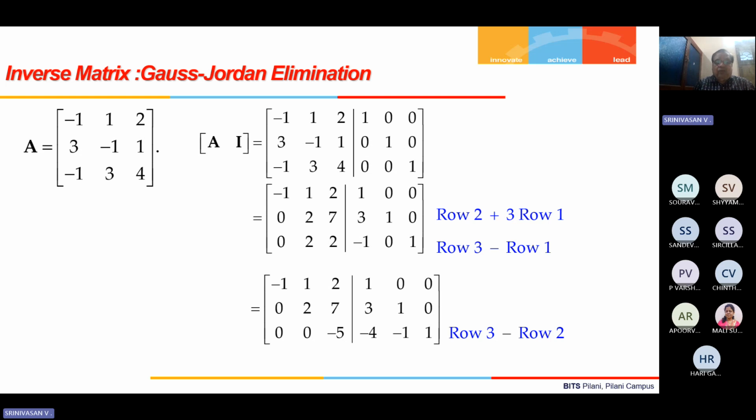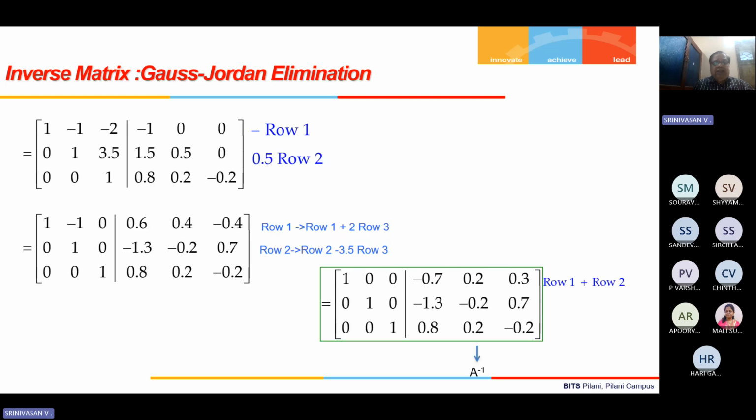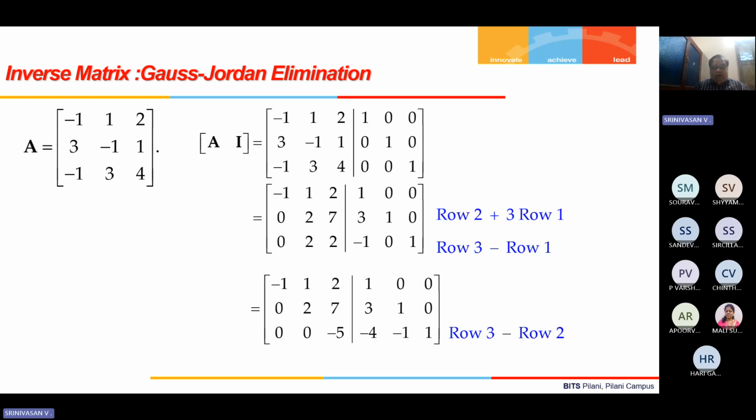So hereafter, what's happening? This is going to be an extension. Look at now minus row 1. What's the meaning of minus row 1? Just go back. We keep an eye on the first portion becoming a unit matrix.